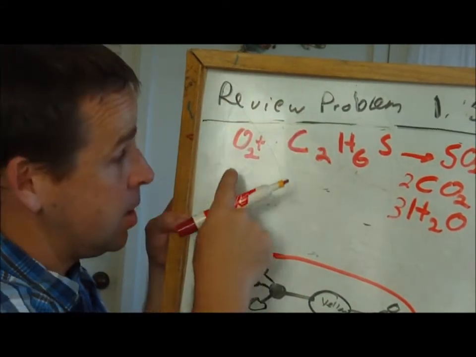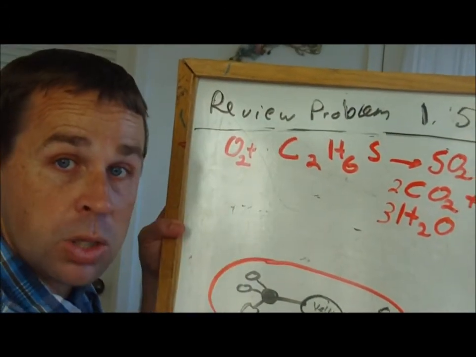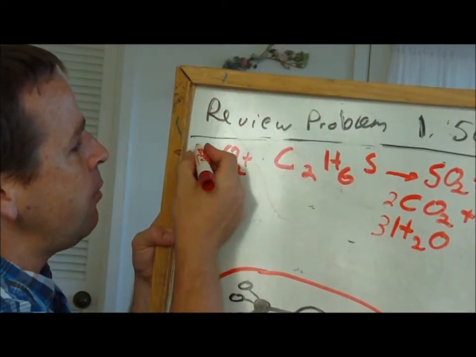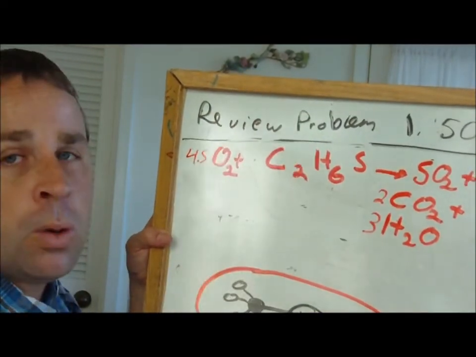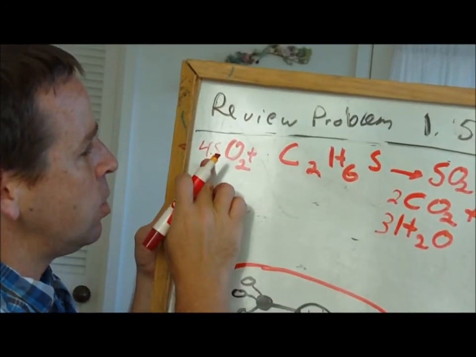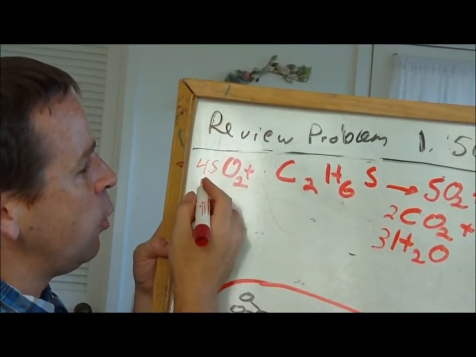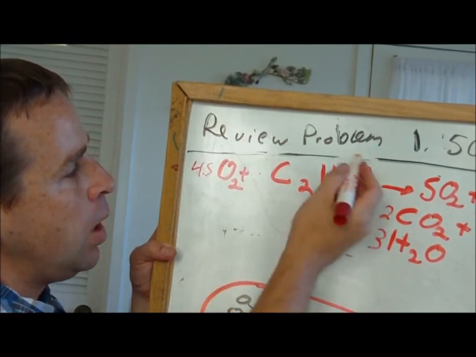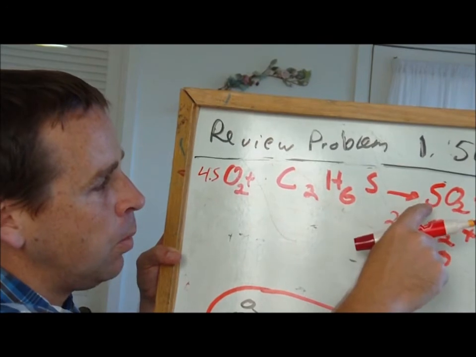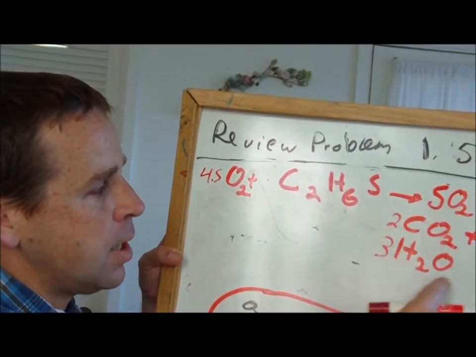Well, because it's O2, the oxygen molecules, we're going to have to put a fraction, like 4.5, right? And we can do that for a second, but we know in a balanced equation that we don't want to have fractions. So we see that 4.5 oxygens combines with 1 dimethyl sulfide to form 1 sulfur dioxide, 2 carbon dioxide, and 3 waters.